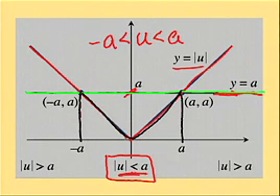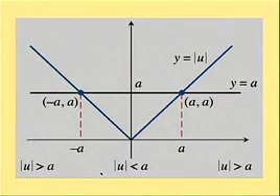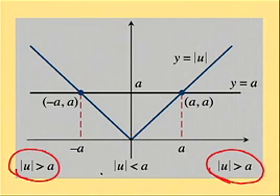Well, now let's examine the second problem that we looked at, which was that the absolute value of U was greater than A. And what we're looking at then, of course, is when is the y value above A?